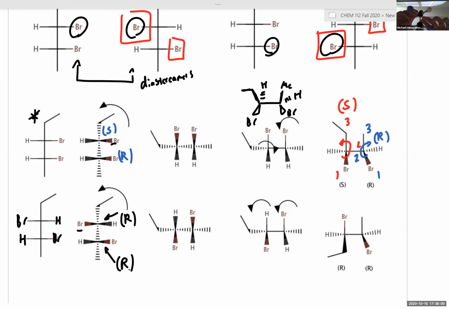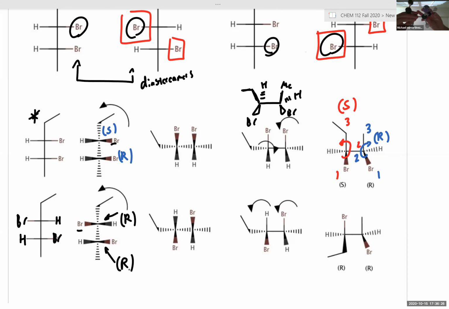Okay, so here is our revised model. As we notice, this time the top bromine is on the left. So now we're going to rotate this molecule so our hydrogens are in the back. I rotated it first so both of my hydrogens are on the same side, and then I'm going to tilt my molecule so the hydrogens are in the back.